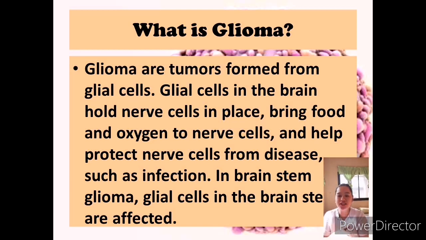Since the function of glial cells is holding the cells in place, bringing food and oxygen to the nerve cells, and protecting them from infection, that is the definition of glioma.